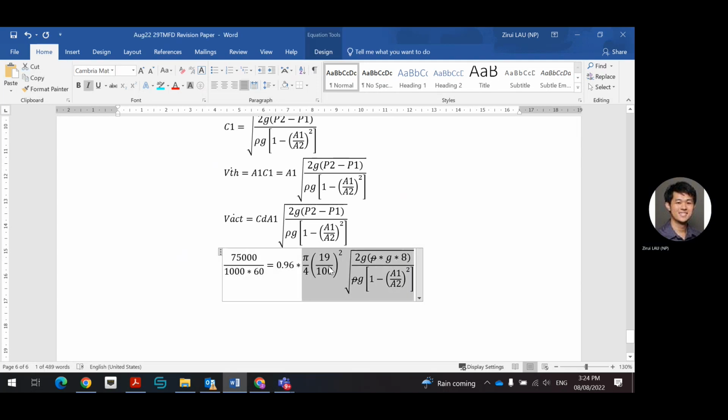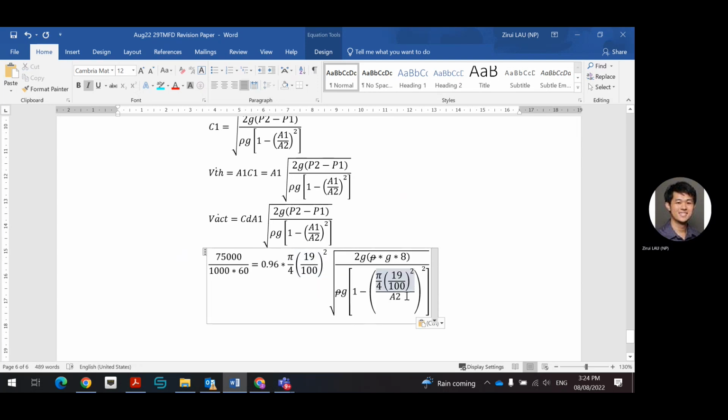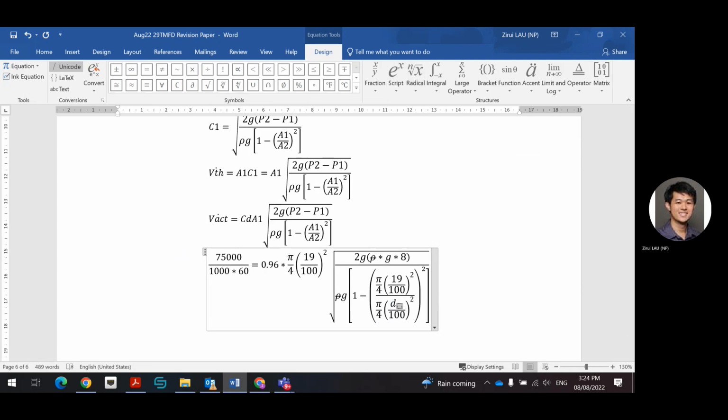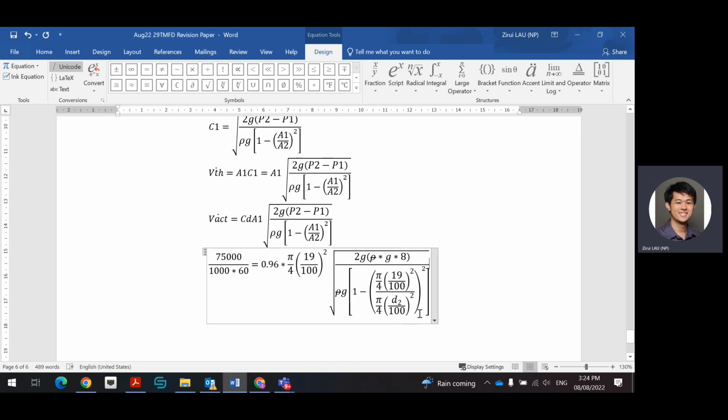Okay, so A1 over there, A2. So your throat diameter is inside here.